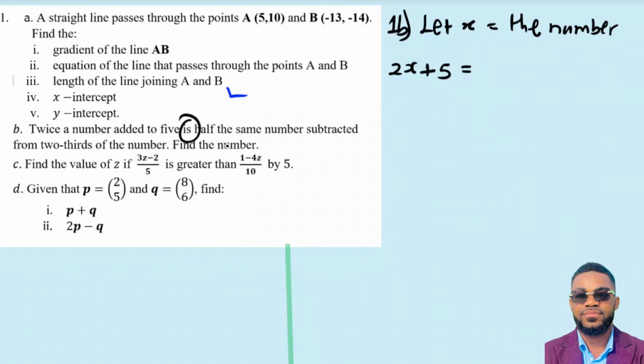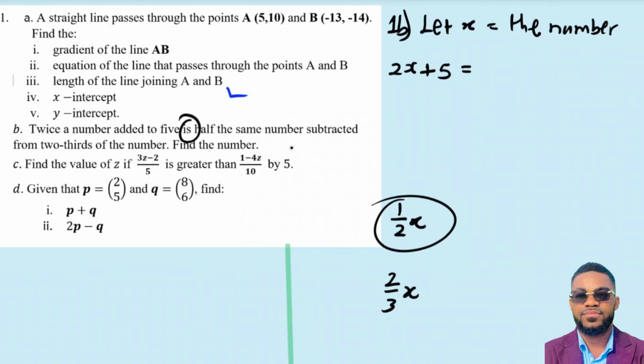The next part here is half the same number subtracted from 2/3 the number. Half the same number means half times x, that is half x. And we're going to subtract this one from 2/3 the number. 2/3 the number means 2 out of 3 x. So we're going to subtract this one from this.